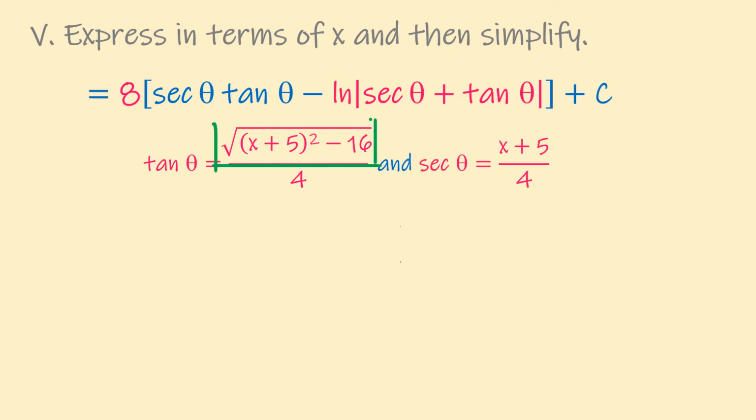Note that the numerator can be expressed as the square root of the quantity x squared plus 10x plus 9, which is the expression before completing the square. Substitute these expressions into the indefinite integral.